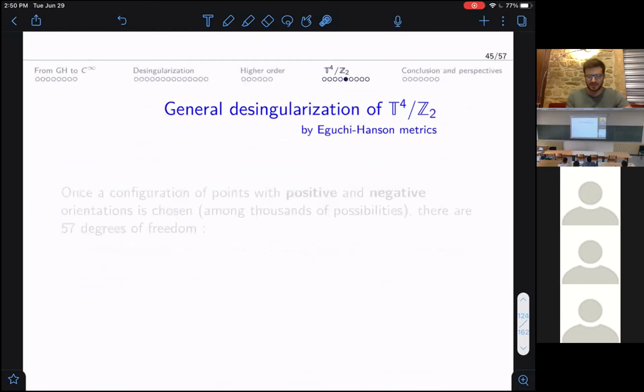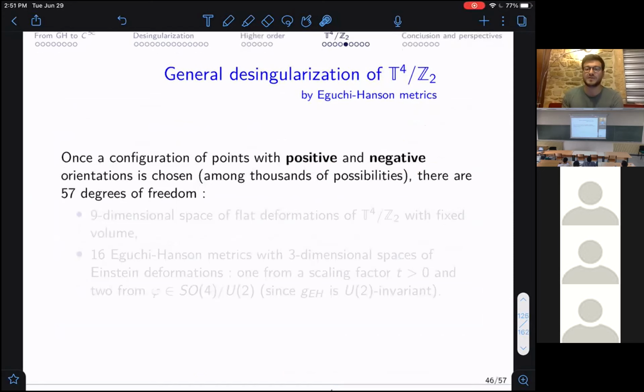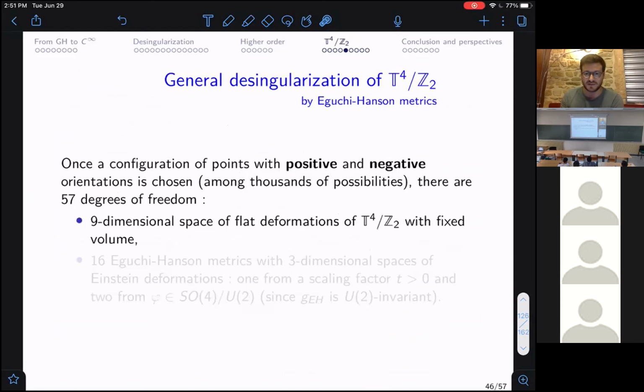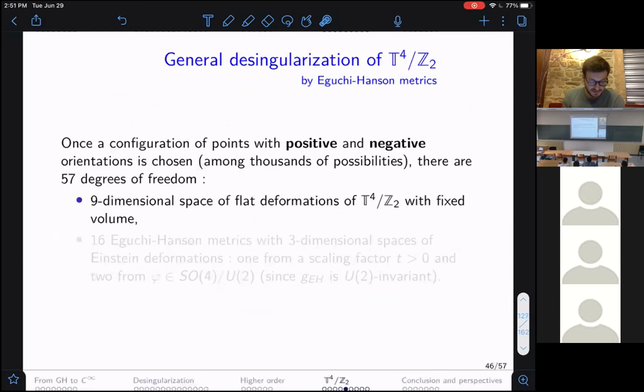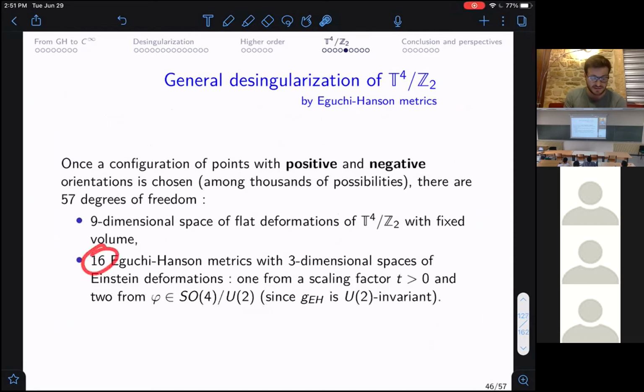So let me talk about this desingularization. First you have to decide where you put positive and negative orientation of your gluings. There are a lot of possibilities, but then you also still have 57 degrees of freedom. It's a 57 dimensional space, and 9 of them come from the flat torus, and the rest come from 3 times 16 deformations of the Eguchi-Hanson metrics.